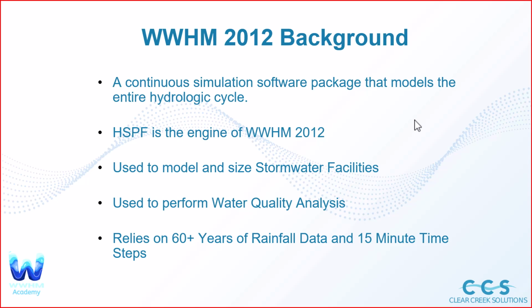out. There's not a lot of people who know how to use it, and so WWHM 2012 and WMSWM and our other continuous simulation software packages do a good job at allowing you to build out those files and utilize continuous simulation hydrology. And so WWHM 2012 specifically relies on 60 plus years of rainfall data and 15-minute time step intervals for continuous simulation.